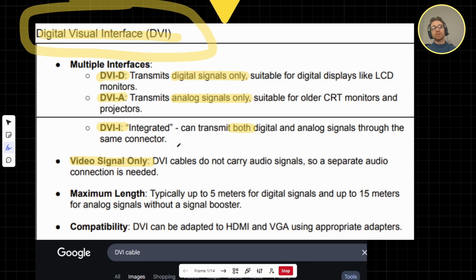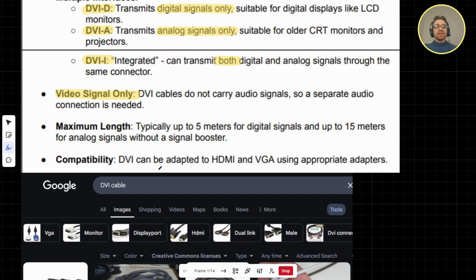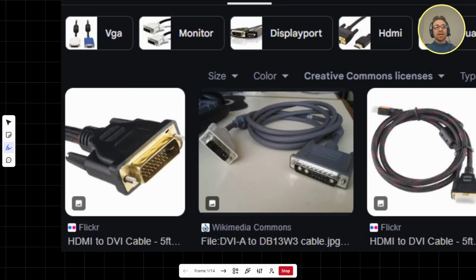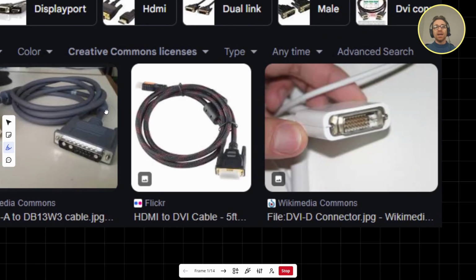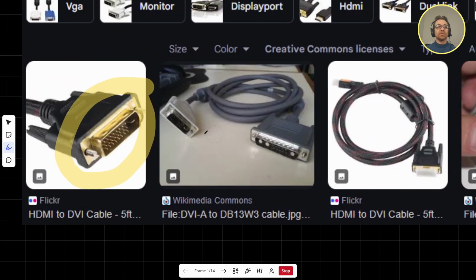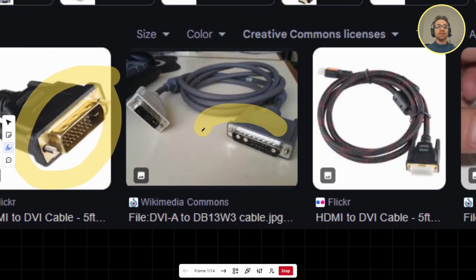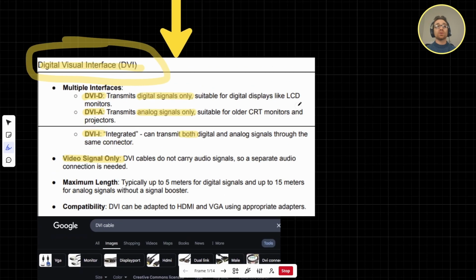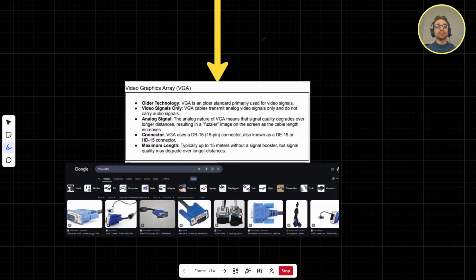You'll need to know that D is digital, A is analog, and I is integrated, or both. That's pretty much what you need to know for that. Only video signals, and it looks something like that. The pin outputs on the DVI will differ depending on if it's DVI-A, DVI-I, or DVI-D, but that's roughly what it looks like.